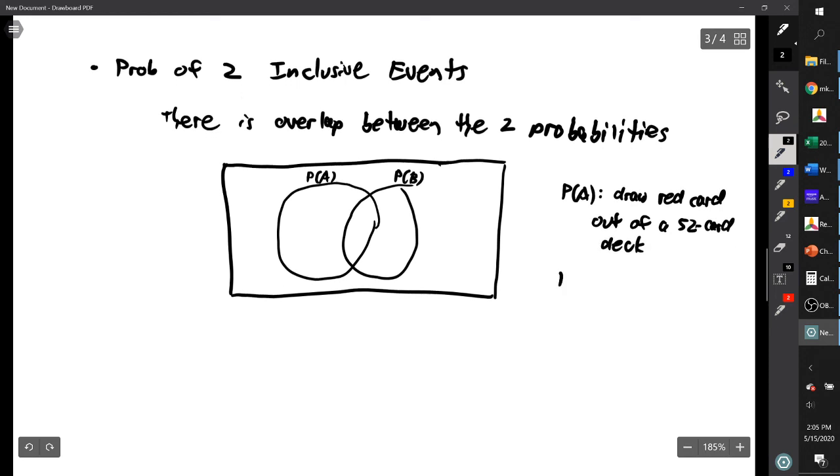And let's say P of B is drawing a face card.